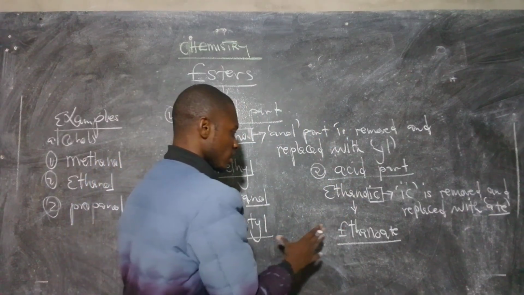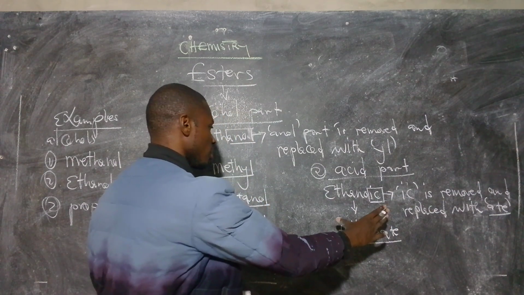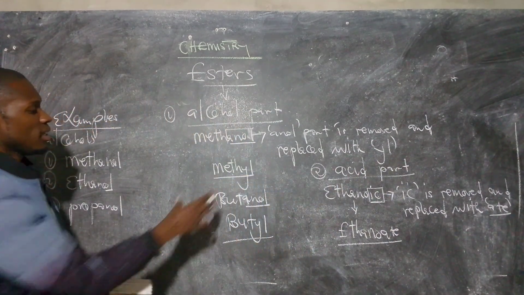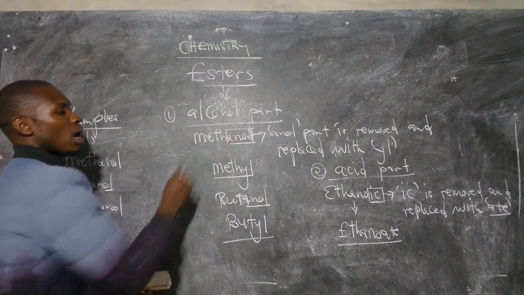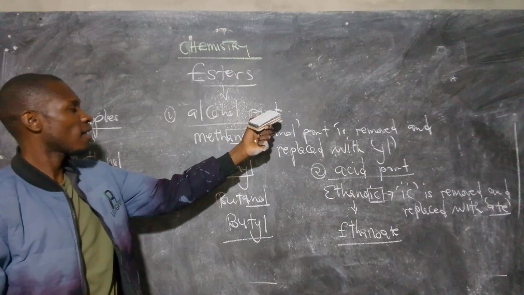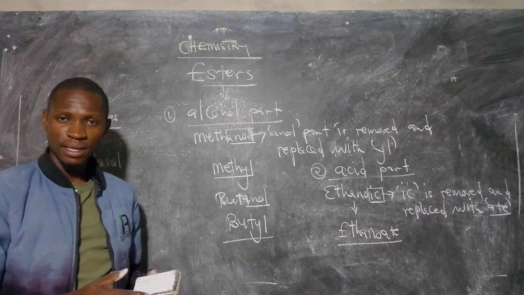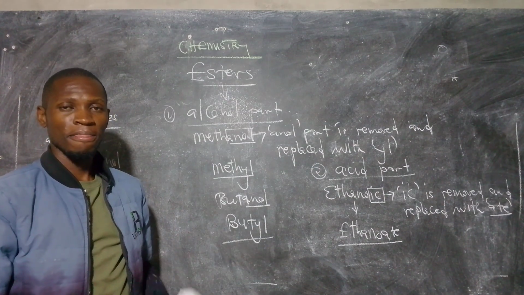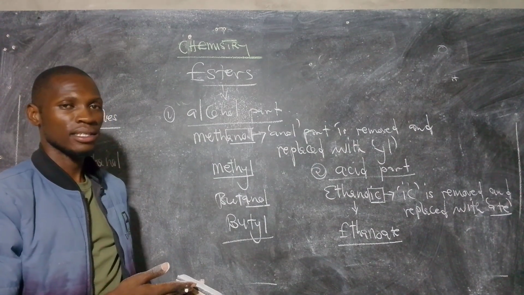So I've made two things. This part, we have made it from the acid part. Then I've also made this part from the alcohol part. So whenever these two things have been done like that, an ester has been formed. That is how we form esters.